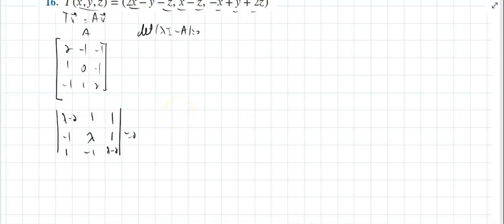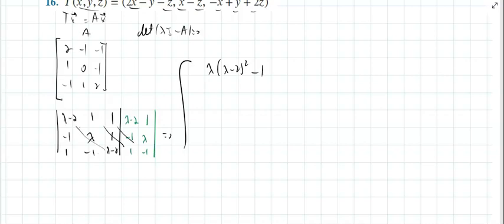So I'll get lambda times lambda minus 2 squared, minus 1, plus 1, plus 1, minus lambda, minus lambda plus 2, minus lambda plus 2.